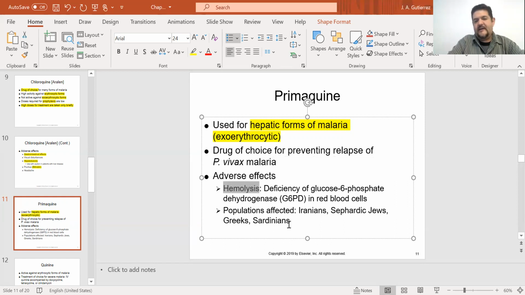So what happens? Primaquine inhibits this enzyme, glucose-6-phosphate, in the red blood cell.